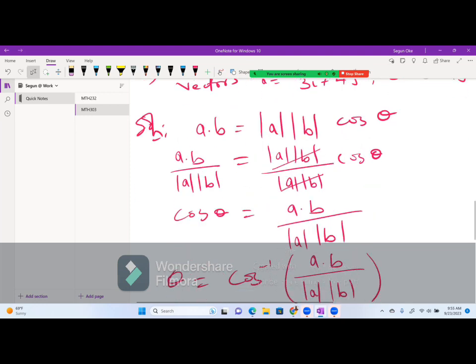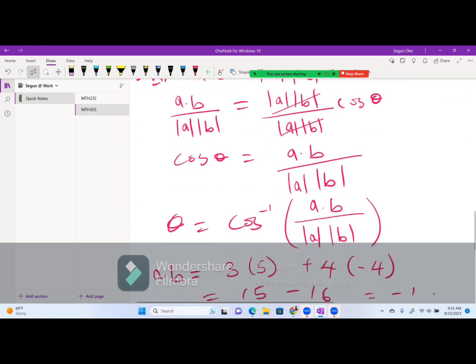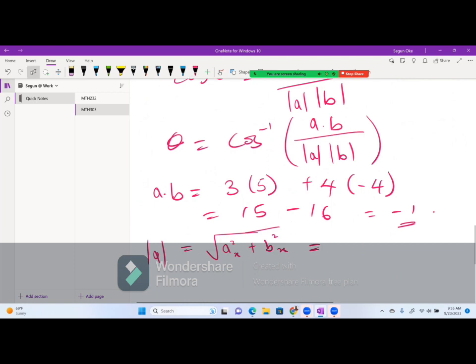It would be the square root of 3 squared plus 4 squared, which is the square root of 25, which is the same thing as 5. Oh, sorry.